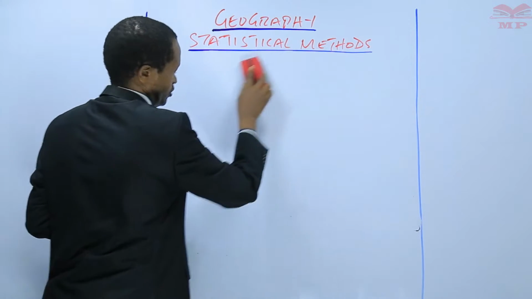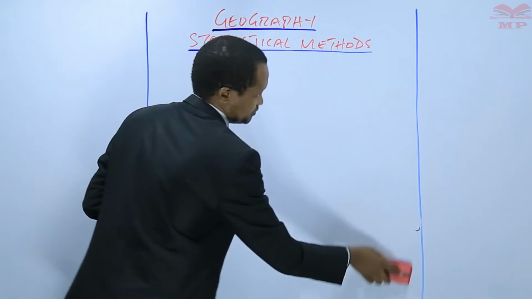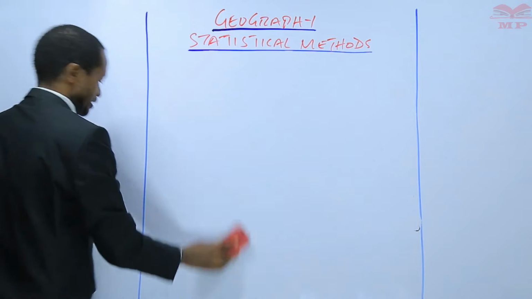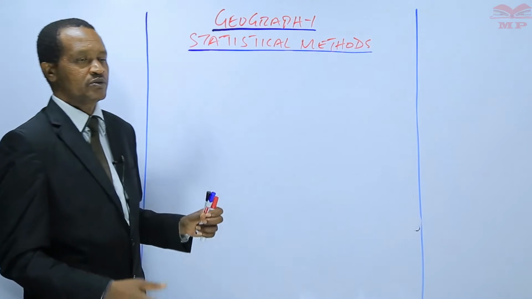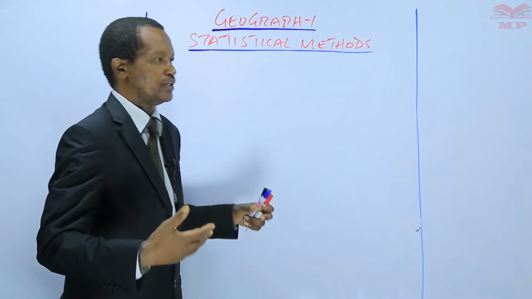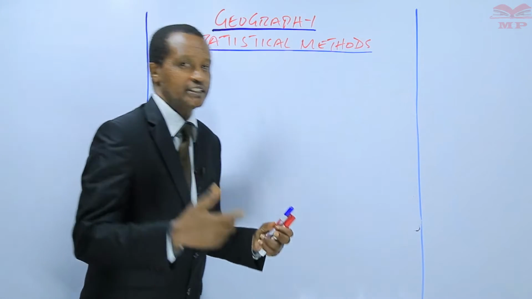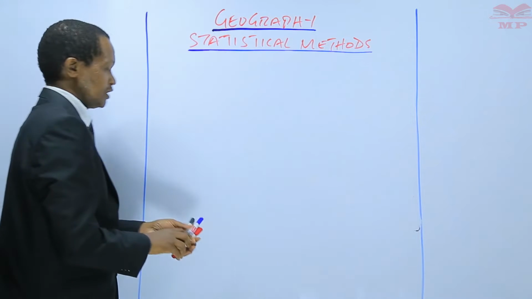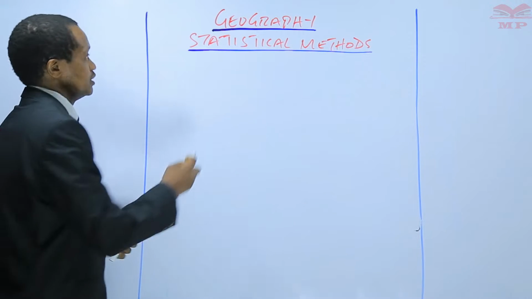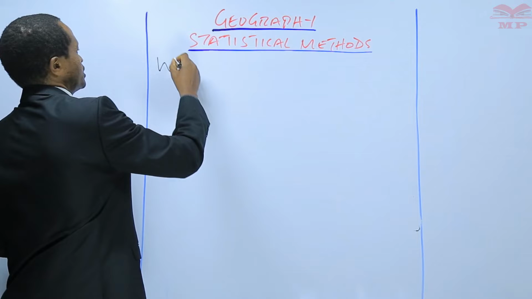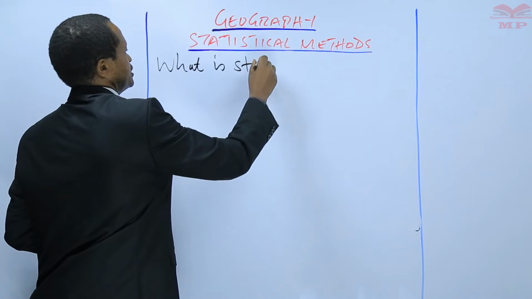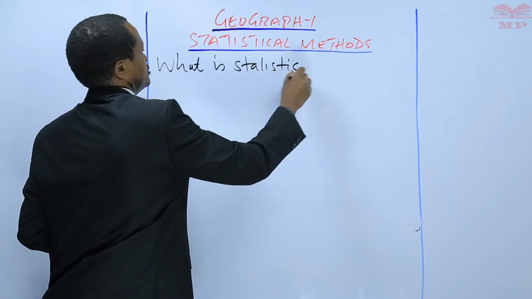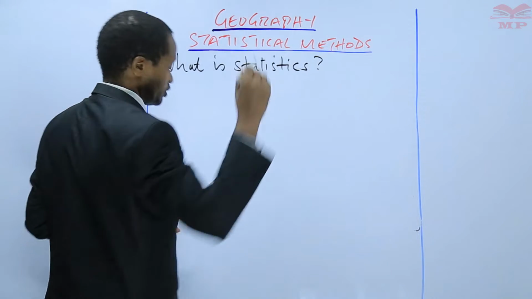So let us first define the term statistics. We want to find the meaning of the term statistics. The question is, what is statistics? That's the question we want to answer.